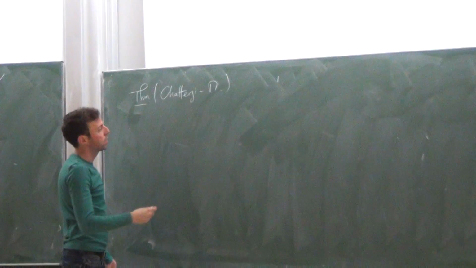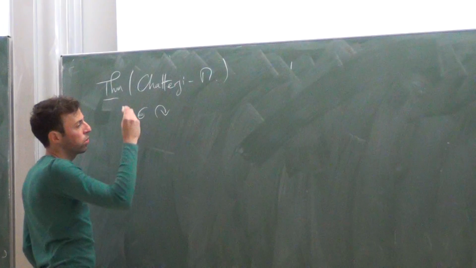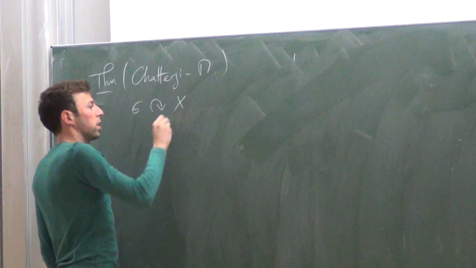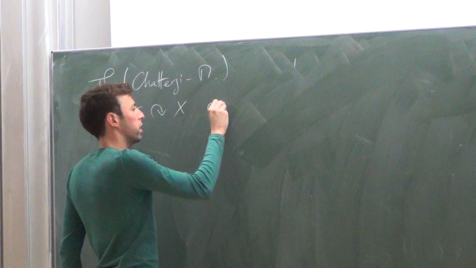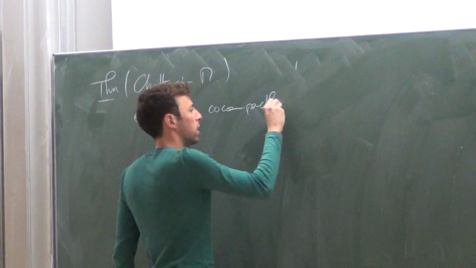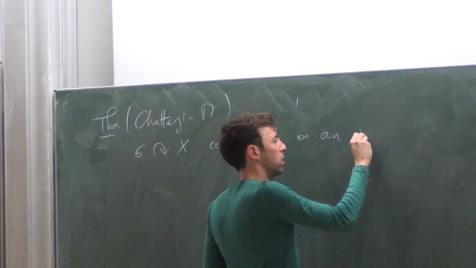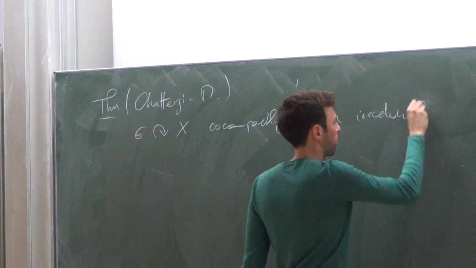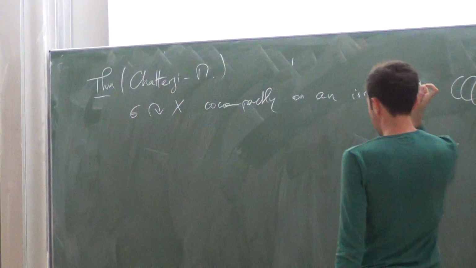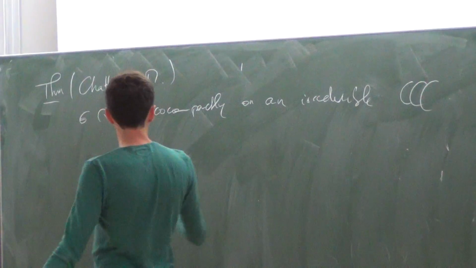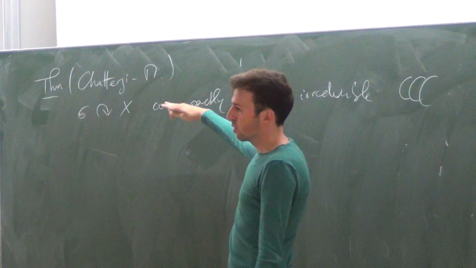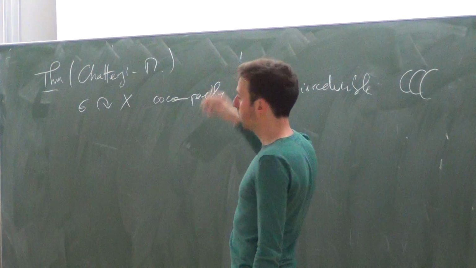So if you have G acting, I'm not going to do the optimal case, compactly on an irreducible CAT(0) cube complex. For people who are used to that, you can replace that by essentially without fixed point at infinity.